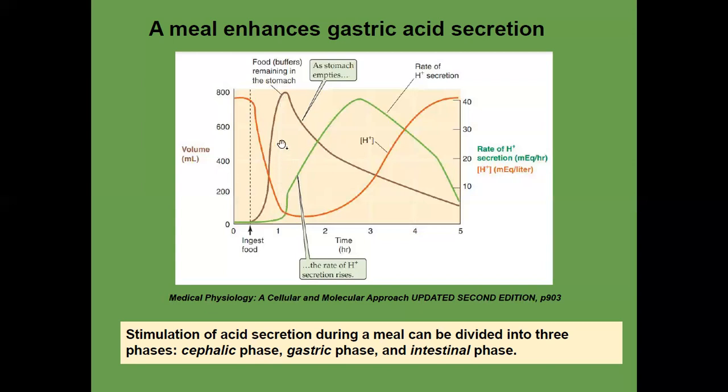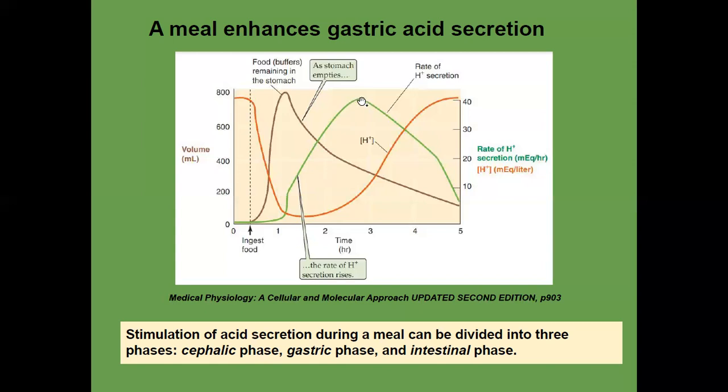Once the food is in your stomach, a lot of regulatory systems start kicking in. In this case, the rate of hydrogen ion secretion will dramatically increase. See the green line.